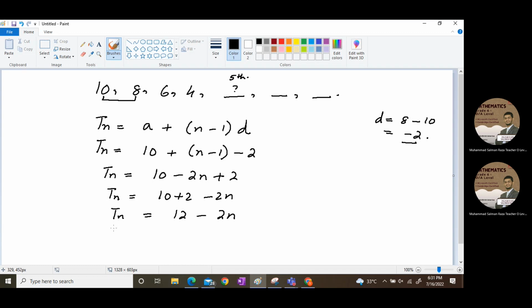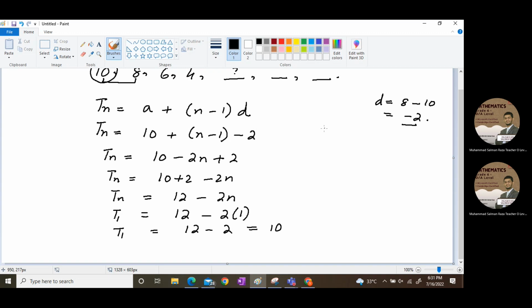We need to find out what our first term is. So I'm going to write 1 here, 12 here, minus 2 times 1 here. And then you can see that 12 minus 2 is 10. So our first term is 10. Let us see whether this formula is working on the fifth term.